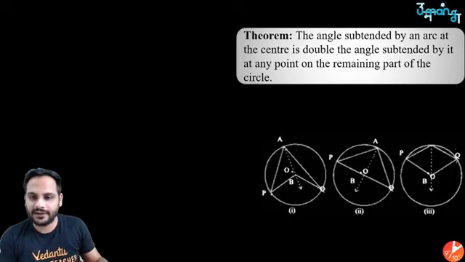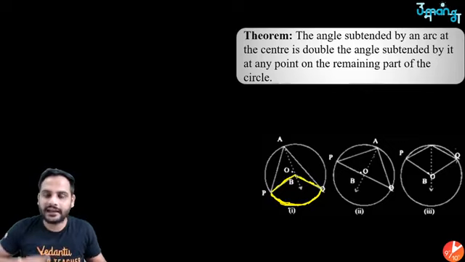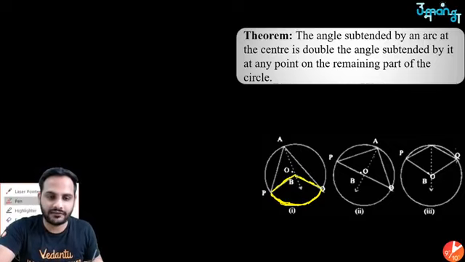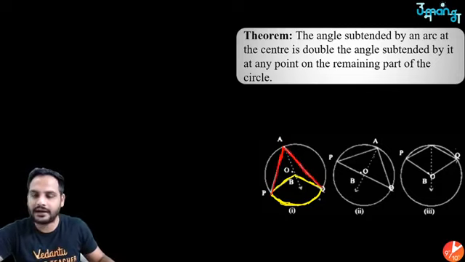For example, if I talk about this arc, the angle subtended by this arc at the center will be double of the angle subtended by it at the circumference, at the remaining part of the circle. So the yellow part is the arc. In the remaining part, anywhere in this portion, I have taken the angle. So if angle PAQ is equal to x, the angle at the center will be double of it, that is 2x.